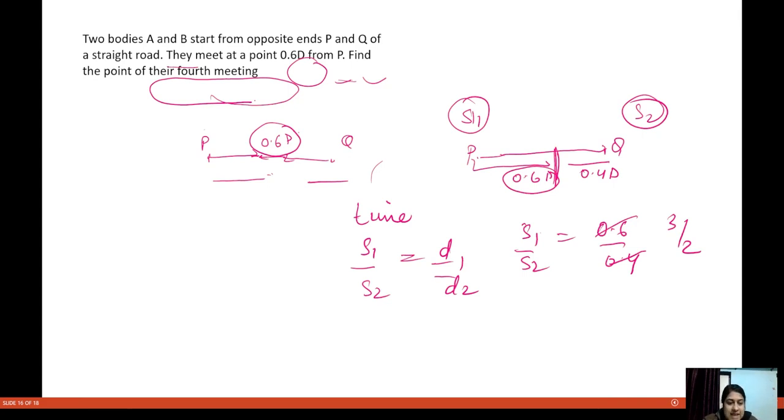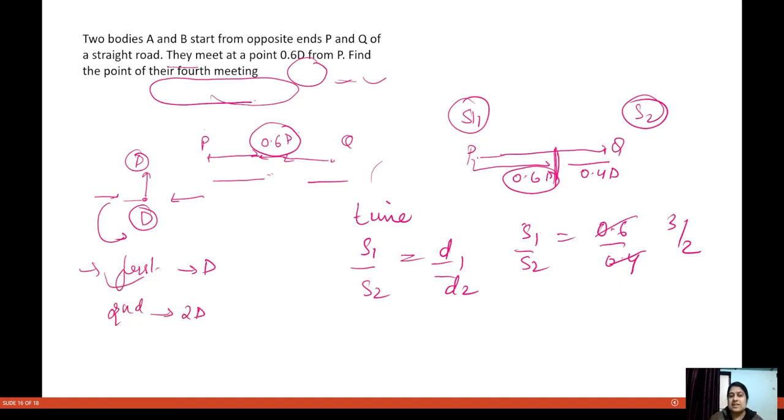Now the question is asking to find the fourth point of their meeting. We already know that, when we were reading the concept, we established that when both the bodies start moving toward each other, the first time they meet they would have covered distance d, but from the next meeting, every time they meet they cover distance 2d.